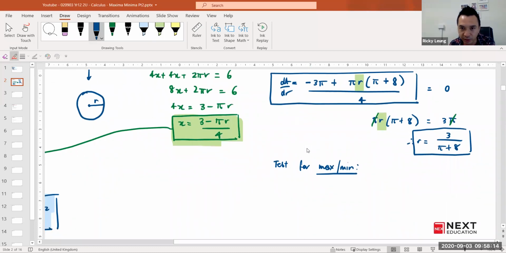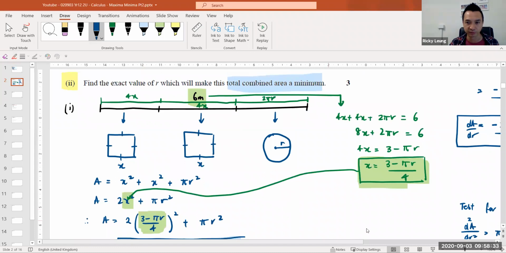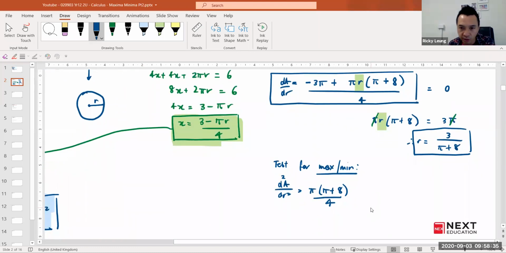When I test for max min, I'm going to differentiate again over here. So d squared A by dr squared: the constant goes away, that's r, so it becomes just pi plus 8 on 4. Now I'm hoping it's a minimum, because that's always a positive value. Minimum, perfect, because pi's positive, that's a fully positive value.